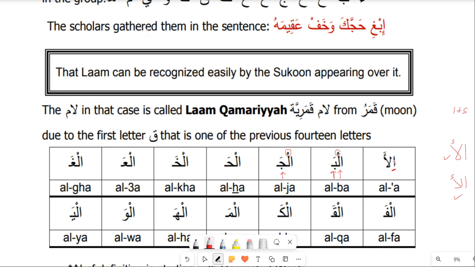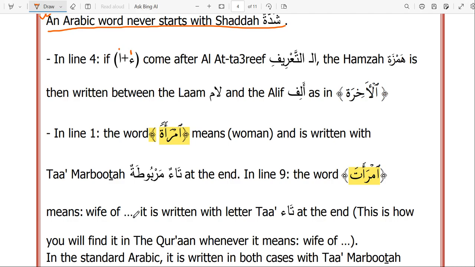This is laam at-tareef. So here you can see the laam at-tareef, the alif or the hamza here, hamzatul wasl and lam. It has a sukoon above it, and the alif or hamza is written with the lam. Either you write like this or anything.